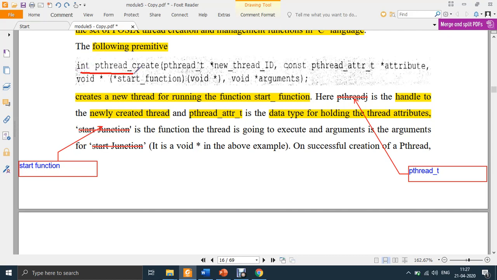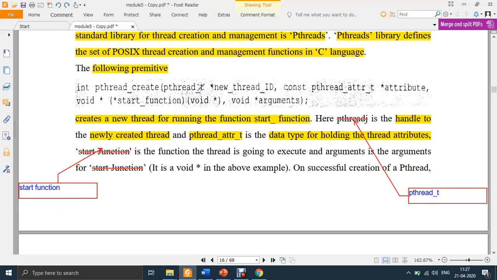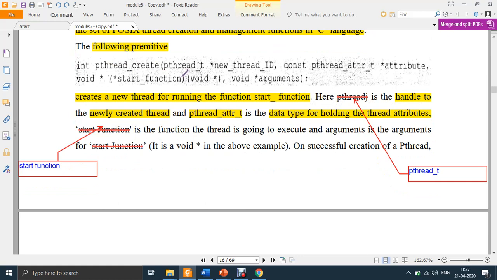int pthread_create. This is a command to create a new thread. This function is available in the pthreads library. It will create a thread with a name. The new thread name is pthread_t. This is the new thread that will be created and it will be given an ID.